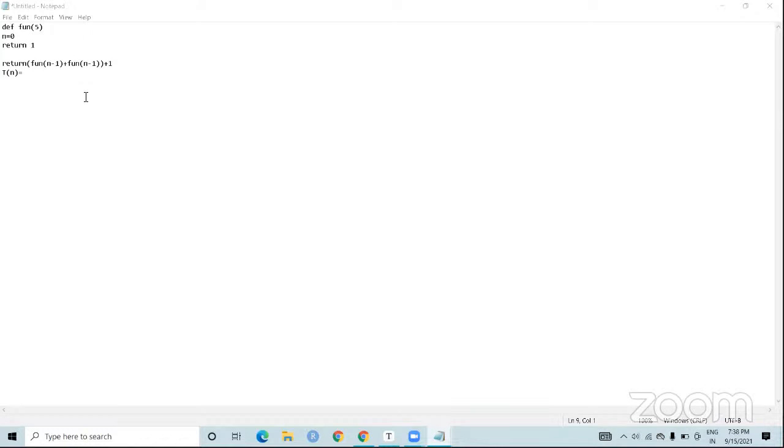So it executes one time, right? It executes one time, that's why we added plus 1 here. Then after that it will go to this section fun(n-1), whatever it will be, but first it goes to this one, fun(5) is equal to and all, it executed. So that's why we added plus 1 here.